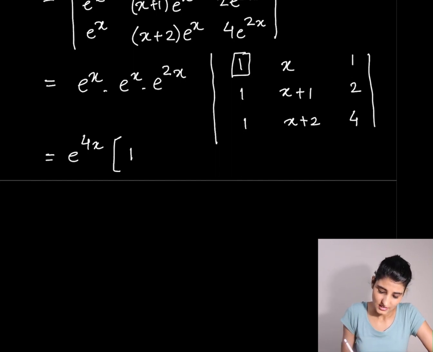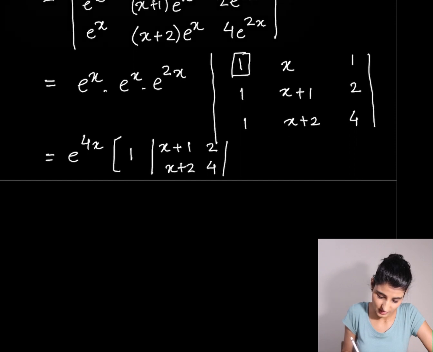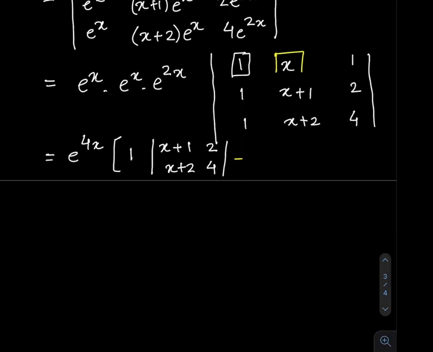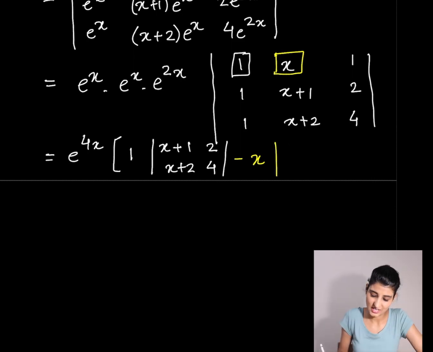So it's 1 times, we choose the first row, first column entry, times the determinant where we don't select that column and row entry, 2 x plus 2 4, minus the first row second entry multiplied with 1 x 1 4.